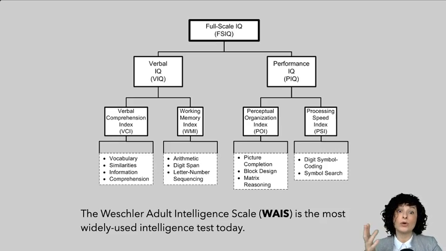And then you can also combine that to get a full scale IQ score. So the benefit of the Wechsler Adult Intelligence Scale is that you can get this one number, which gives a quick summary of a person's overall intelligence. But you can also get these subscores, which give you a little more detail to dig into the specific abilities that a person is exhibiting.